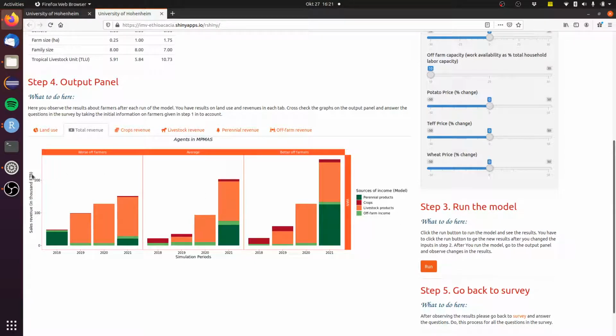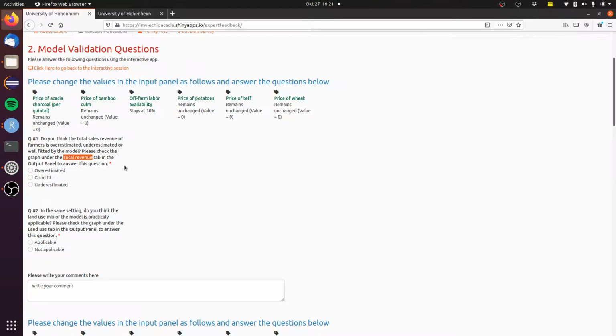So what we would expect from experts here is to tell us whether the total revenue is overestimated or underestimated. So for example, if they say that it is overestimated, then they click overestimated, and they are done with this question.